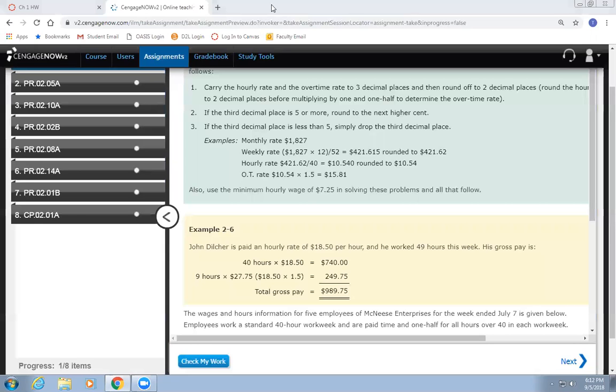Just click on any, and click on all assignments. And you should see they're out of order. So scroll down. And yeah, there's a chapter 2 practice. So you can just click practice and start assignment now.